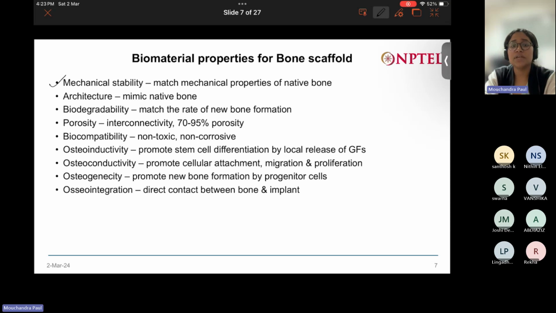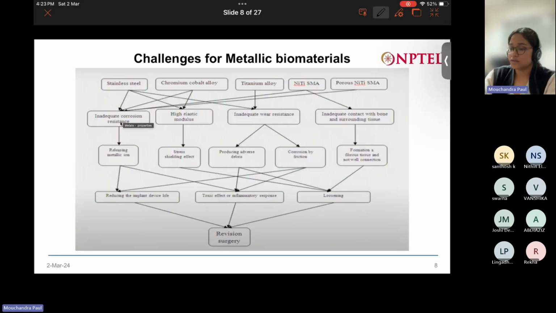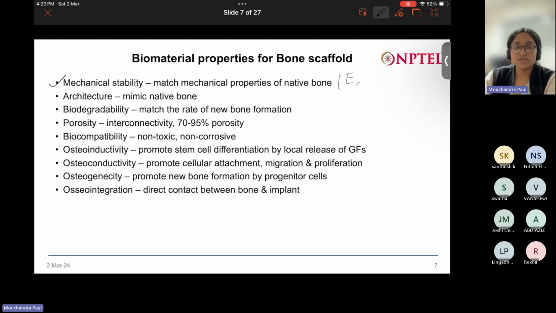The mechanical property should be similar to that of the native bone, be it Young's modulus, compressive strength or yield stress, whatever. Those values should match the native bone. Otherwise, if the strength of the biomaterial is very high in comparison to the bone, then you will see stress shielding happening.